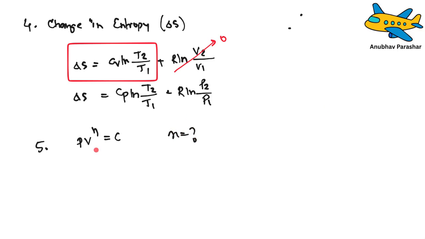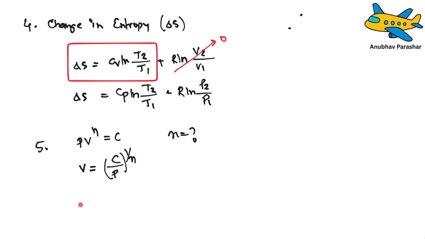Now if volume is constant, so I am writing it this way, V is equal to C by P to the power 1 by n. Just try to see this. Now C to the power 1 by n, not 1 by 2, 1 by n.